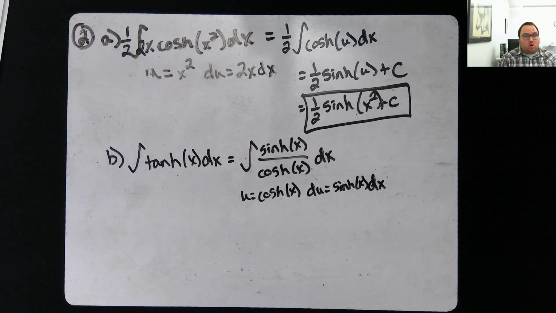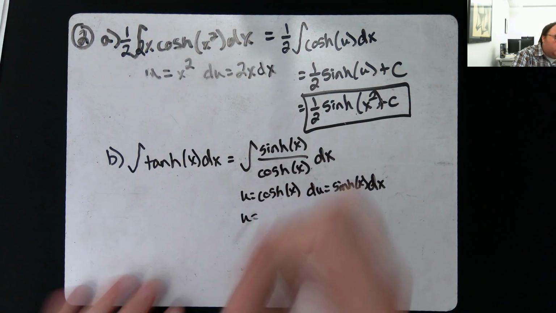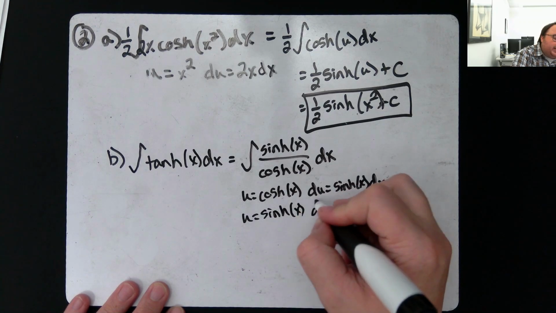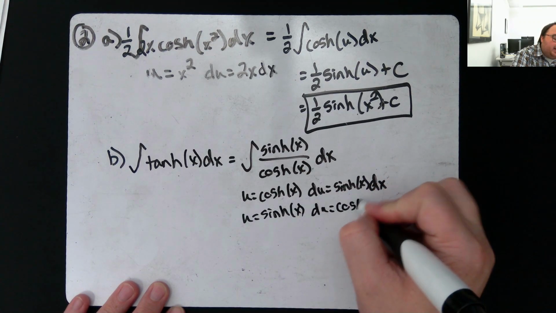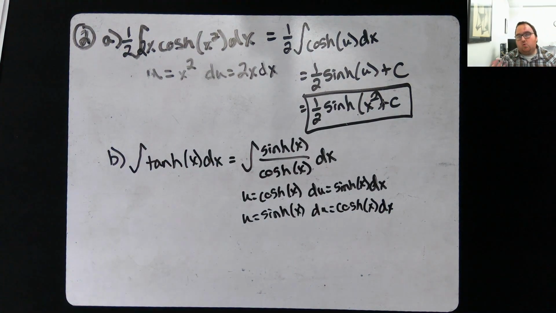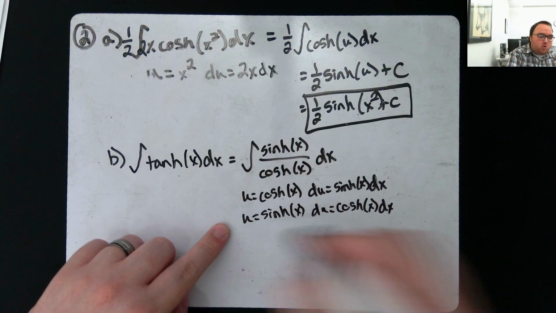It would not work if I let u be equal to hyperbolic sine, because in order for that to work, du would have to be hyperbolic cosine, which I only have in the denominator, which I don't really like. I want it in the numerator. So this would not work.